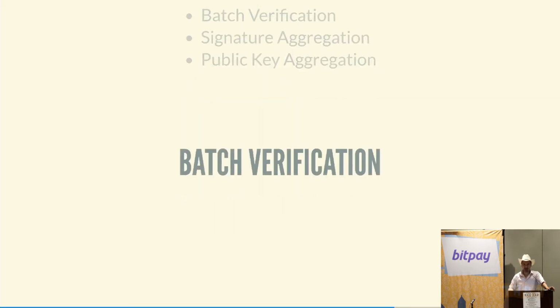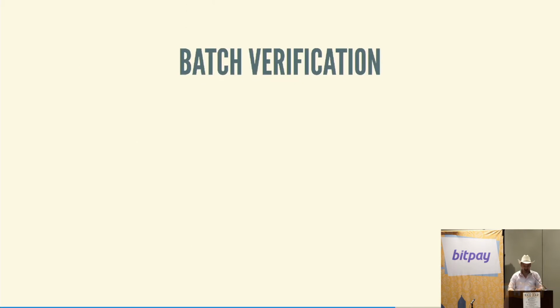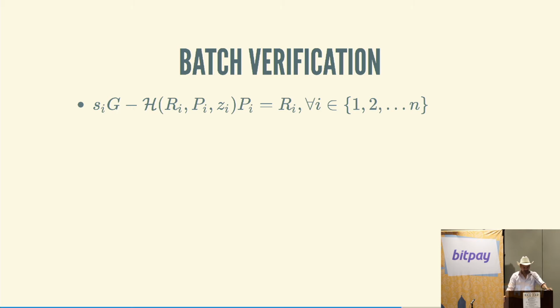So let's start with batch verification. The equation I gave you before is SG minus hash of R, P, and Z times P, the public point P, equals R. That was it. And you can have lots and lots of those. For a transaction with like 30 inputs, you would have like 30 of these. Or for a block with thousands of inputs, you can have thousands of these.